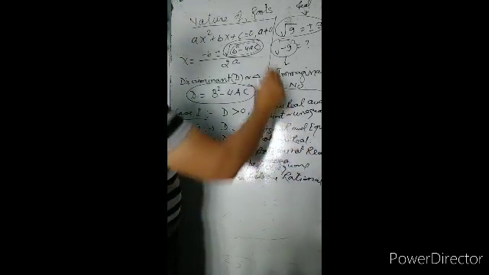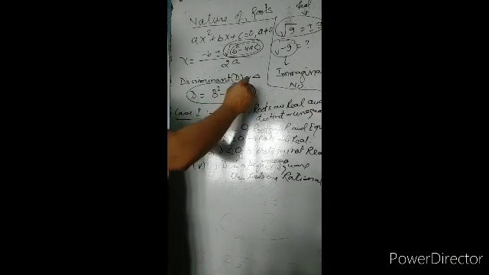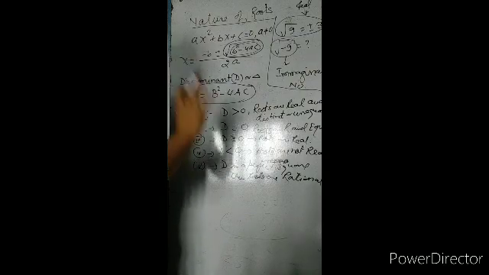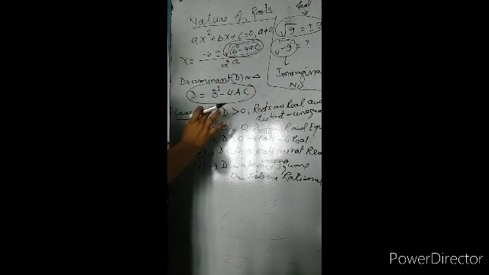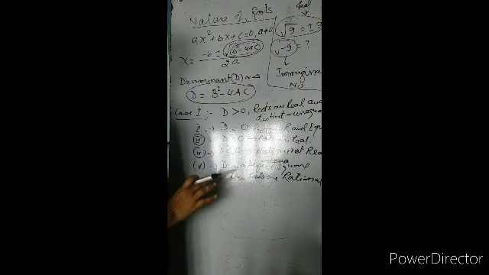If it is not a perfect square, like root 5, root 7, you will get irrational roots. So by getting the value of the discriminant without solving the equation, we can find at least the nature of roots.